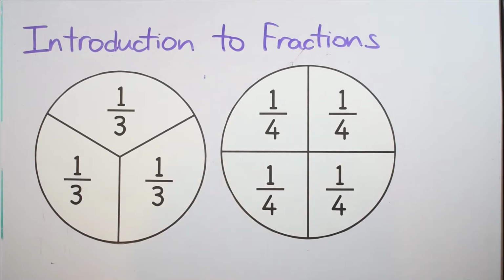And I say to you, well, it's lunchtime, you're feeling really hungry, it's time to grab something to eat. Would you prefer 1/3 of a pizza or 1/4 of a pizza? I am very hungry and I love pizza. Which one should I choose?